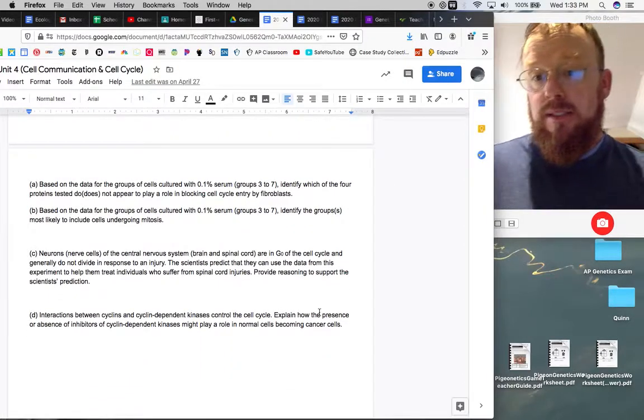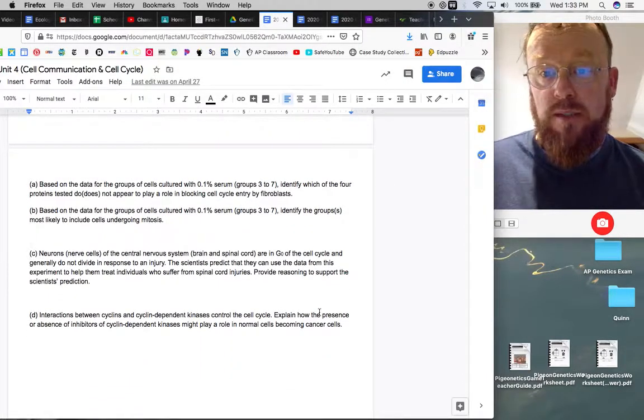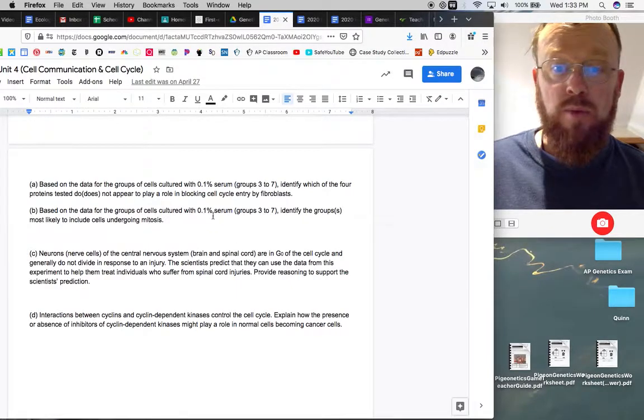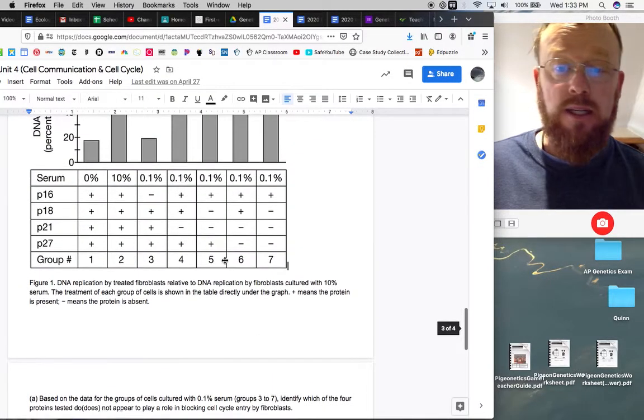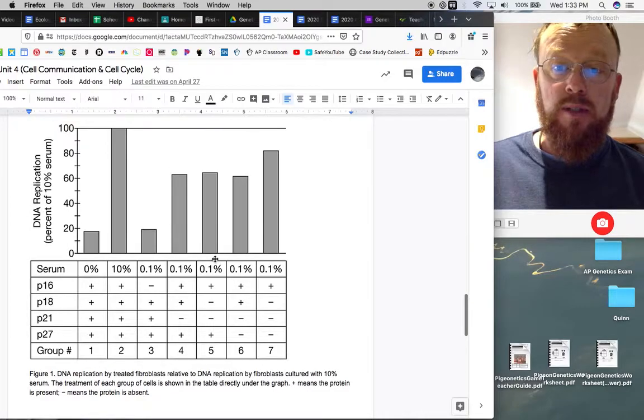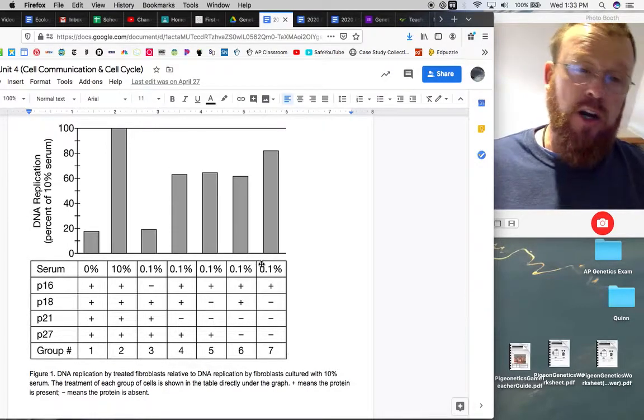For B, it says based on the data for the groups of cells cultured with 0.1% serum, again groups 3 to 7, identify the groups most likely to begin undergoing mitosis. I just kind of answered that. 4 through 7, in my opinion, you could make an argument that it's just 7.